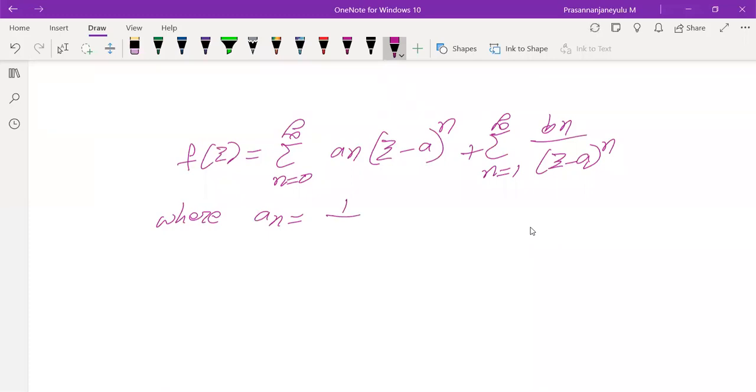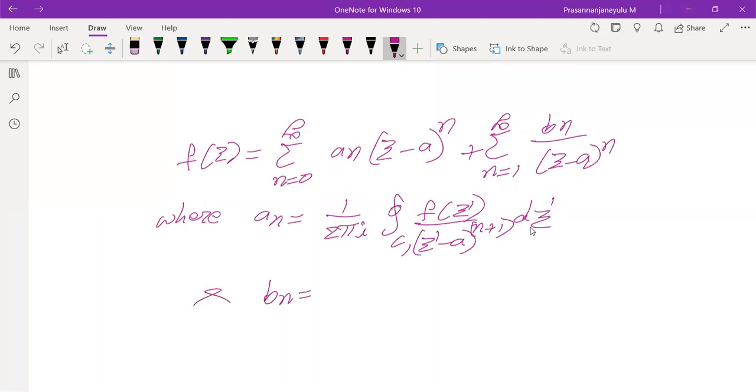Where a_n equals 1 by 2 pi i, circulation integration over C1 of f of z dash by (z dash minus a) whole power n plus 1 into dz dash. And I'll explain the problems without using these formulas.